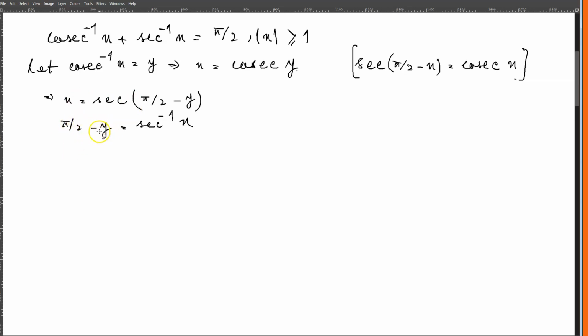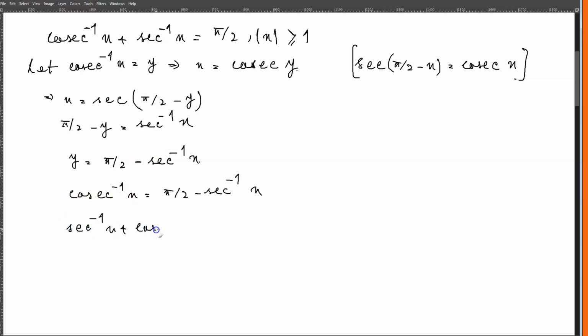I can say that y is equal to pi by 2 minus secant inverse of x. Now y is equal to pi by 2 minus secant inverse of x, and it's also equal to cosecant inverse of x. So I can write cosecant inverse of x is equal to pi by 2 minus secant inverse of x, which means that take secant inverse to the other side, secant inverse of x plus cosecant inverse of x is equal to pi by 2, right?